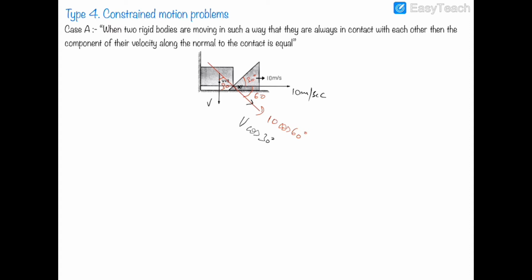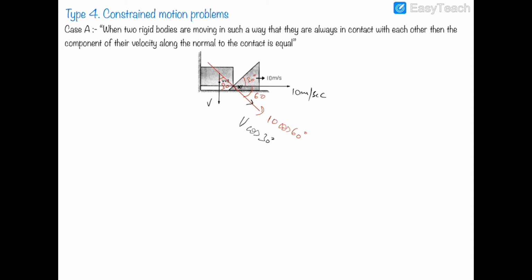also correct because if you imagine a situation, if v cos 30 will be greater than 10 cos 60, it will mean that this rectangular block is moving faster along the normal as compared to the wedge. And if this rectangular block is moving faster along the normal downwards, then it will dig a hole in the wedge.